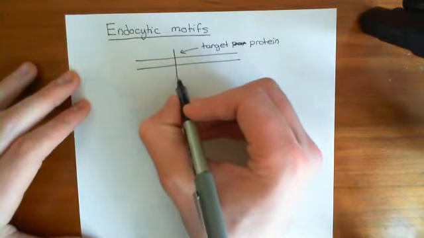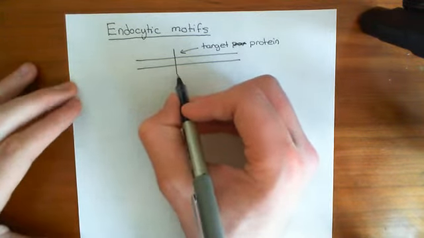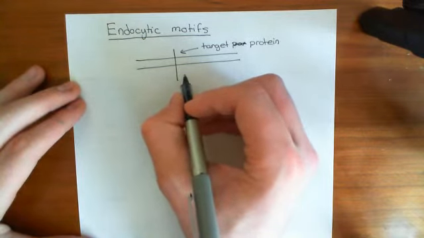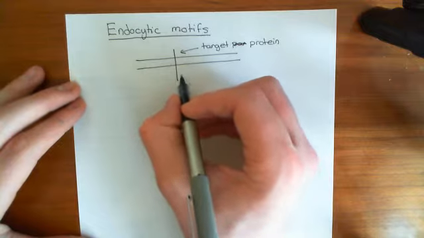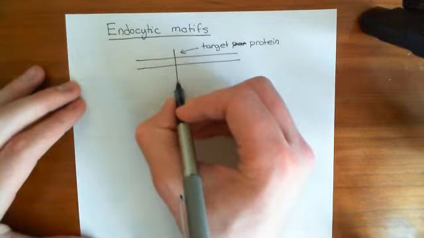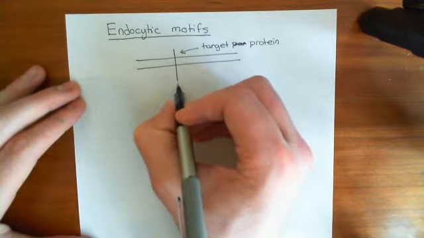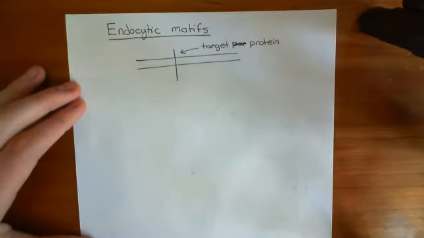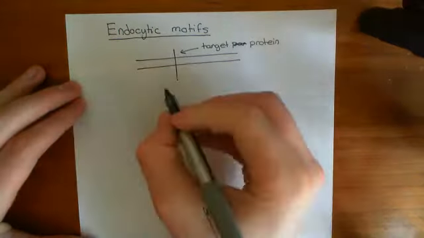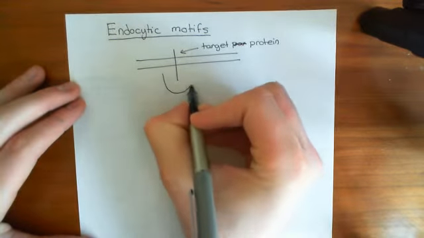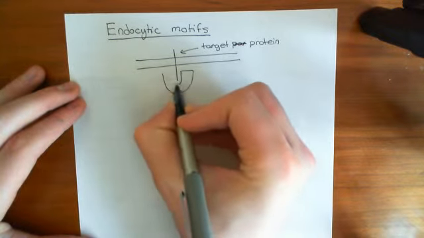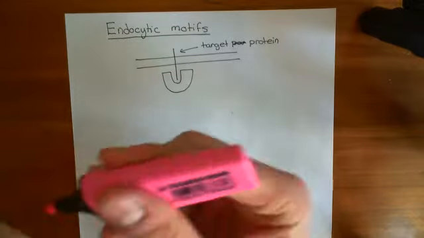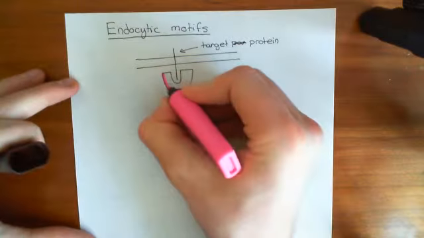Now in order for adapter proteins to recognize this cytoplasmic domain of the protein, we need to have certain combinations of amino acids in the polypeptide so that they can be recognized by the adapter protein. The adapter protein, which we've always shown as this horseshoe so far, we'll look at in more detail in upcoming videos.